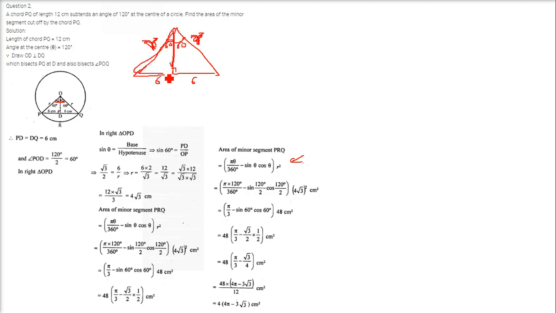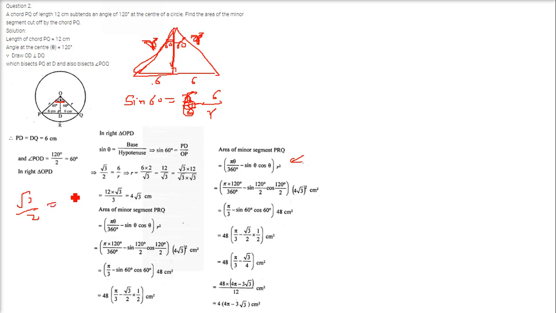Now in order to find the radius, if this is the triangle, this is the perpendicular, this is the hypotenuse, so I'll use sine 60, which is going to be perpendicular upon hypotenuse, so it will be 6 by r.